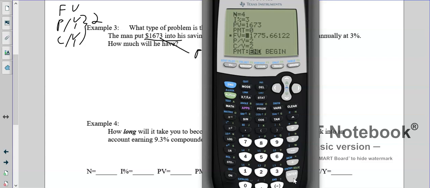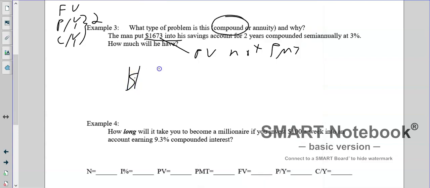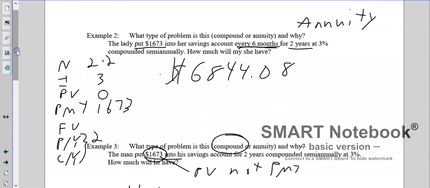So what does he have here? This man has here, he only has 1775.66. Now you might think, well, that's a ripoff, but remember, he only put in a one-time investment. Okay? She put in this every 6 months. Okay? So this is not all profit.